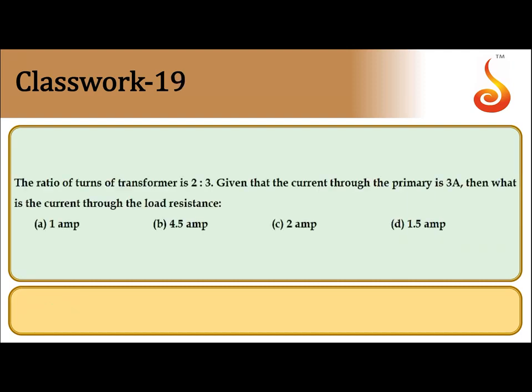The ratio of turns of a transformer is 2:3, that is primary to secondary. Given that the current through the primary is 3 ampere, what is the current through the load resistance, that is the secondary? Number of turns in the primary and secondary are related by this equation: Np by Ns is equal to Is by Ip.